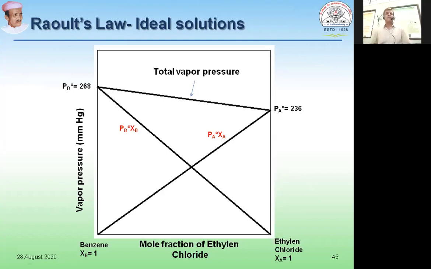So here we have an example of benzene when it is mixed with ethylene chloride. It all depends upon the total vapor pressure of the system and how much mole fraction there is. So total vapor pressure will be equal to the partial vapor pressures of benzene and ethylene chloride which are mixed into each other to give a solution. Is that clear?